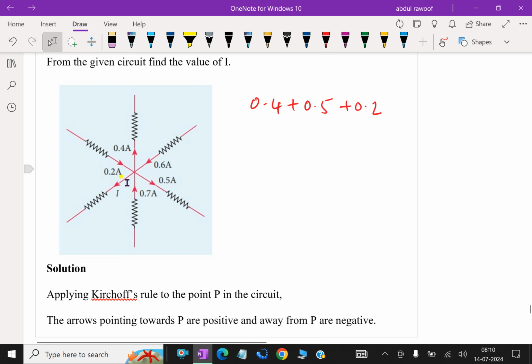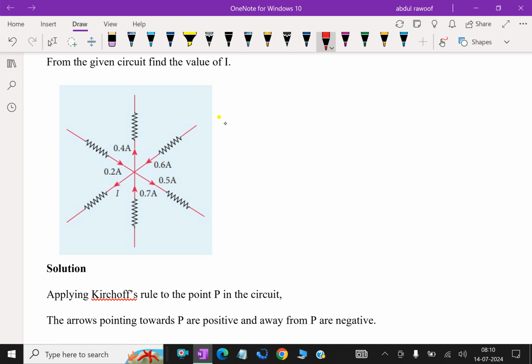Suppose coming inside is negative, that is... a better way, we'll keep coming inside as positive. Coming inside is 0.2 first, 0.2 and 0.6 and 0.7.